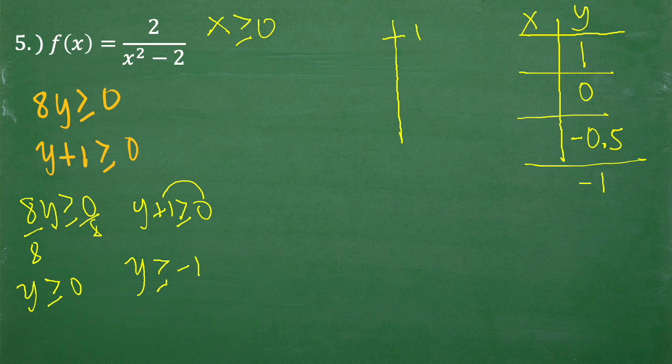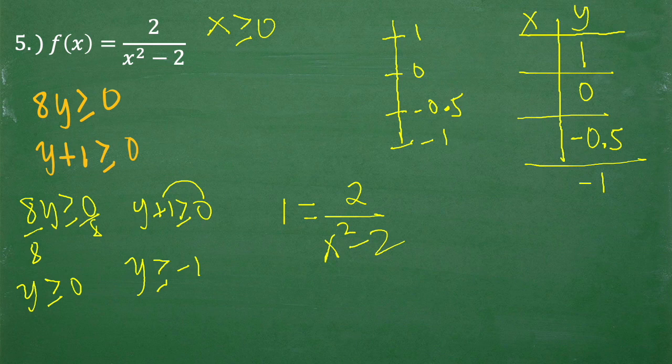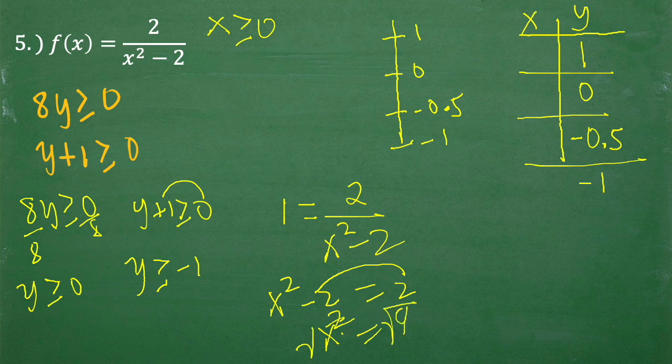Okay, so let's test the value y equals 1. We have 1 equals 2 over x squared minus 2, and then multiply both sides by x squared minus 2. We have x squared minus 2 equals 2, and then transfer this to the other side. We have x squared equals 4, and the square root of 4 is simply 2. So we have the solution for 1. That's part of the solution.